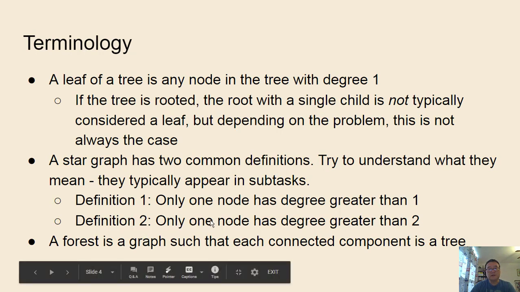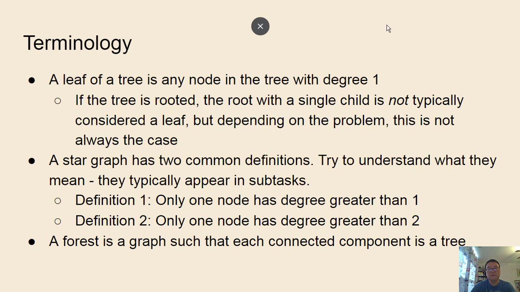Another kind of star graph is where only one node has a degree greater than 2. Then that means we may have multiple nodes with degree 1, but also multiple nodes with degree 2. Essentially, if no node has a degree greater than 2, then we have a line. The two endpoints have degree 1, and all the nodes in the middle have degree 2.